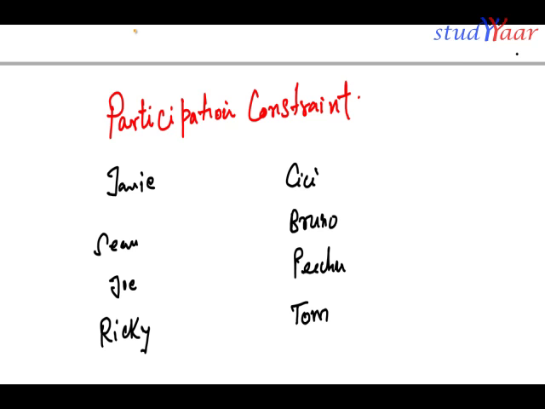So here, Jamie owns Bruno. Jamie also owns Tom. And Sean owns Pichu. And Ricky owns Cece. Okay?